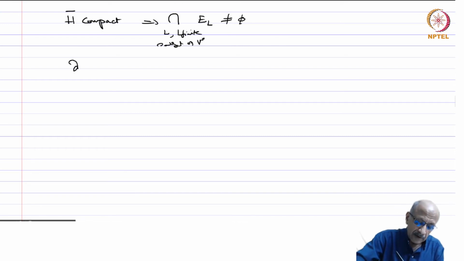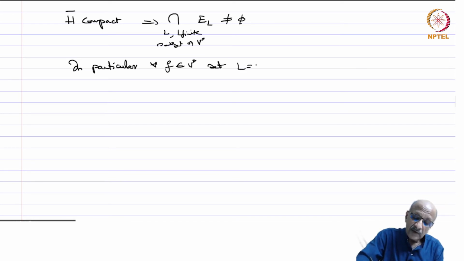So in particular, for every f in V star, you set L equals the singleton f.